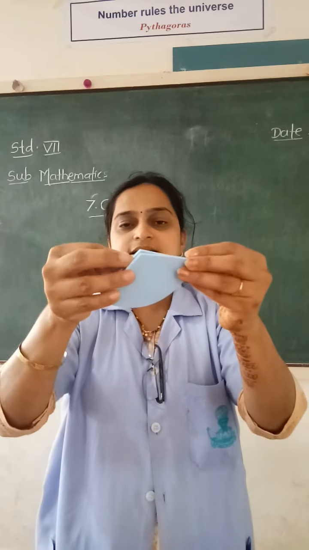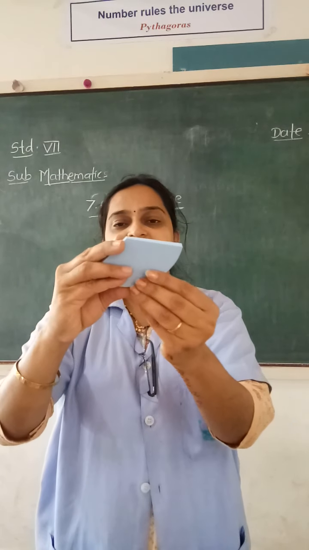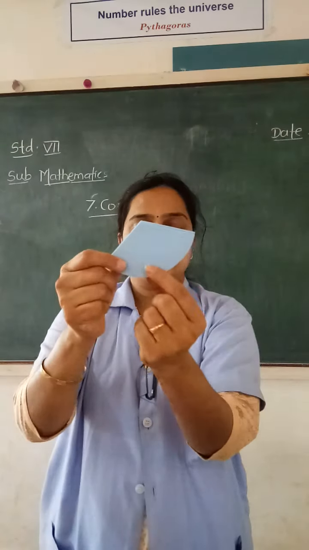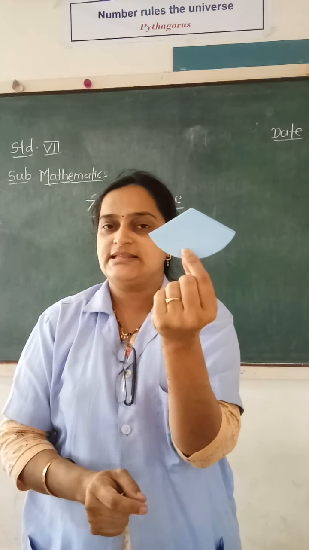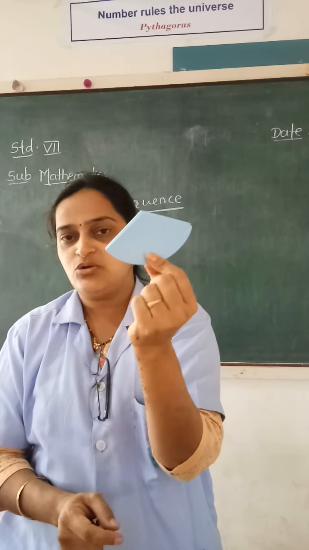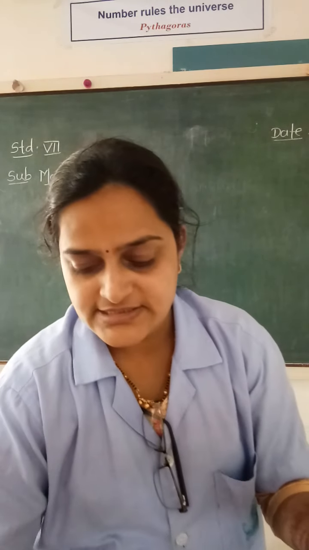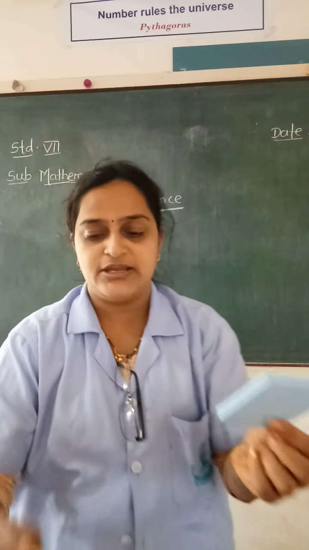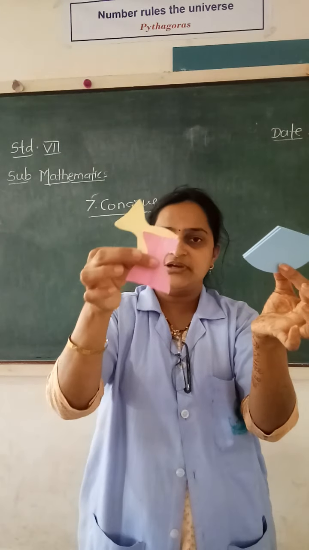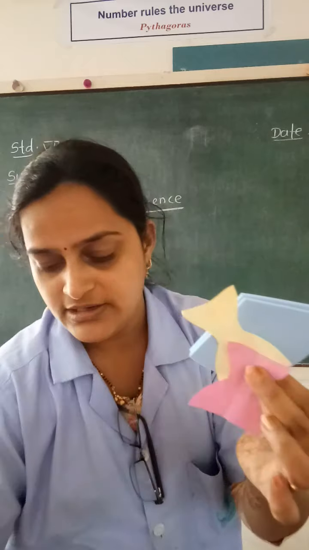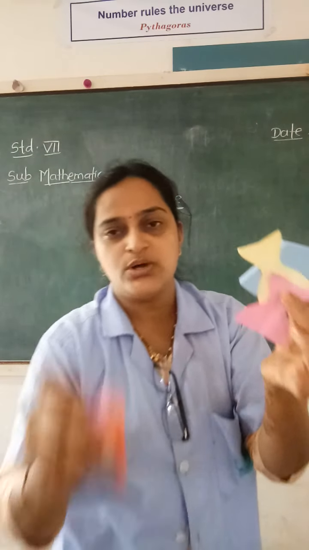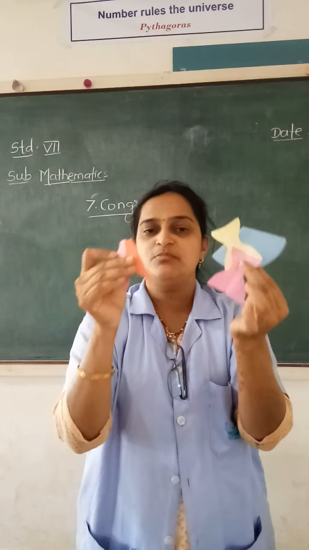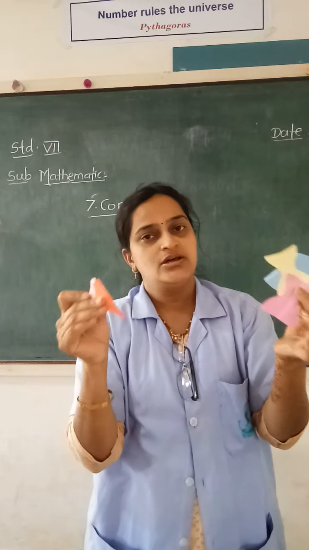I can consider this. If I place them on each other, do they match exactly? Yes, and so I will say that these two shapes are congruent. I have even considered different shapes, not only regular figures. These are irregular figures, you can say, and we have studied what is meant by congruence. Understood? The property of being congruent is called congruence.